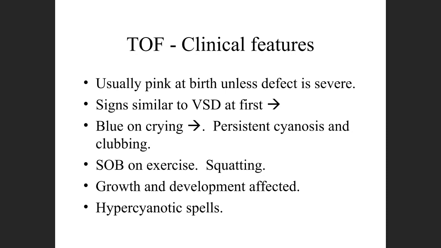What is the effect of reducing the volume of blood going back into the right atrium and right ventricle? What is that going to do with the flow of blood across the ventricular septal defect?